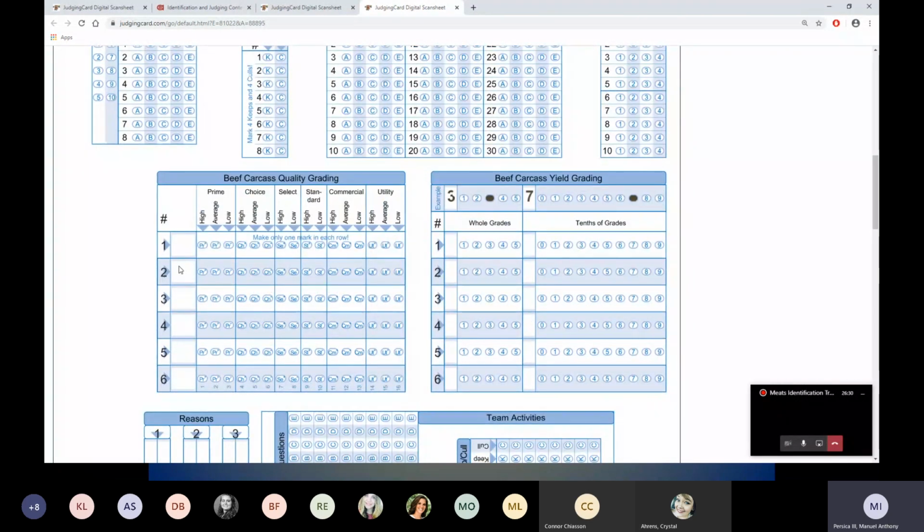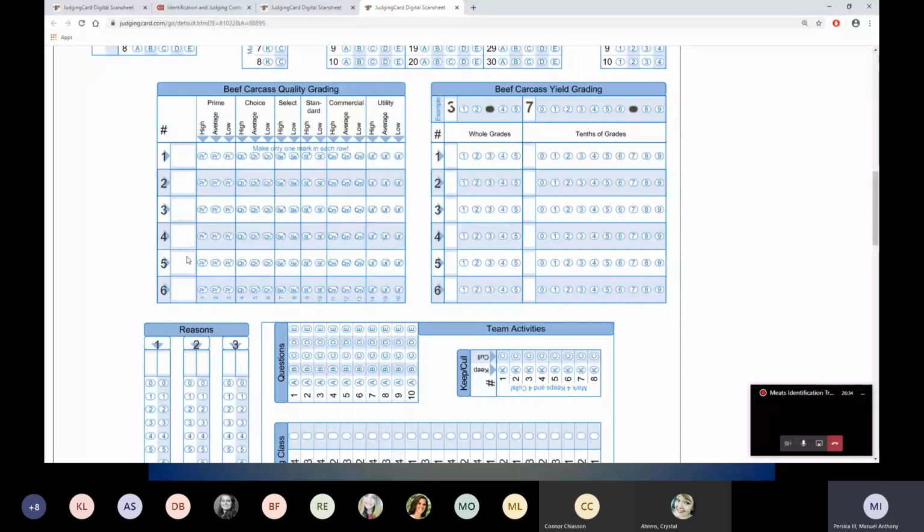It's the same thing. So the only other thing that will be used, actually, your students won't use any other portion. The reasons portion right here, I will just actually enter their reason score directly into the program. So it won't have to be entered into this form.